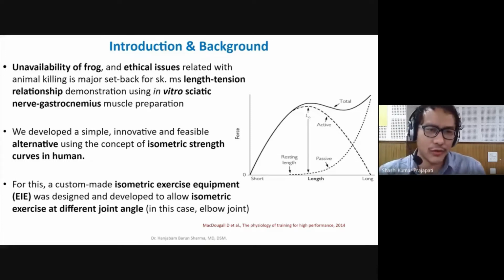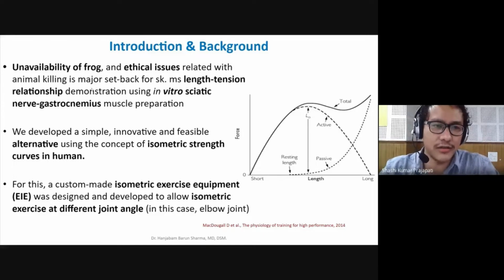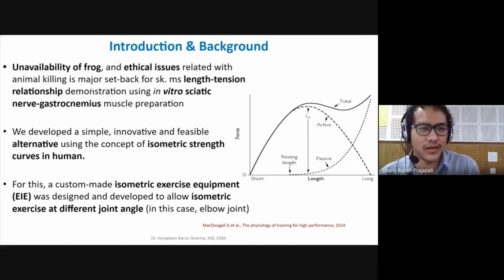So we were thinking what could be an alternative to this classic and very useful practical. We tried to develop a simple, innovative as well as feasible alternative using the concept of isometric strength curve in human.